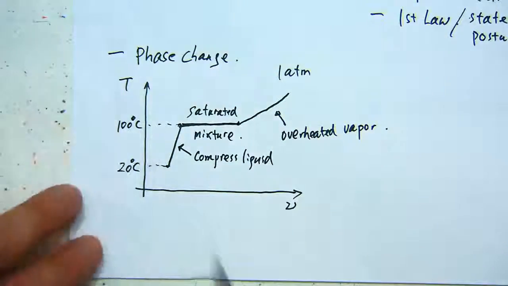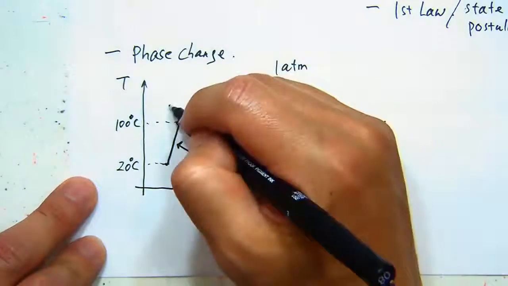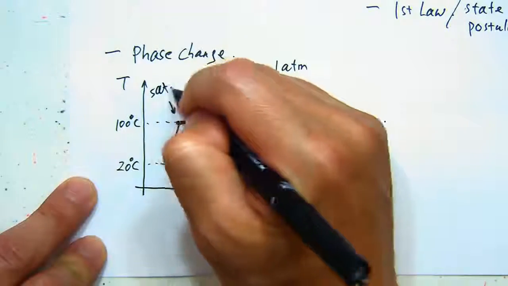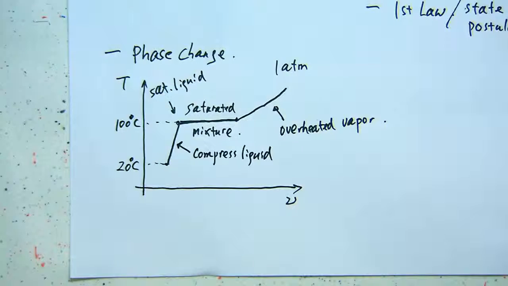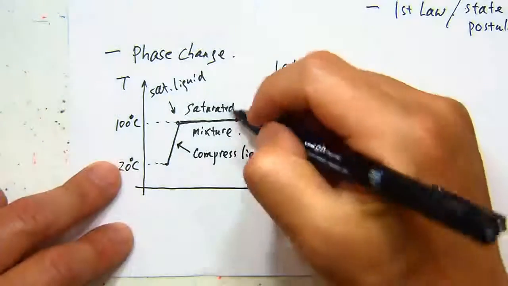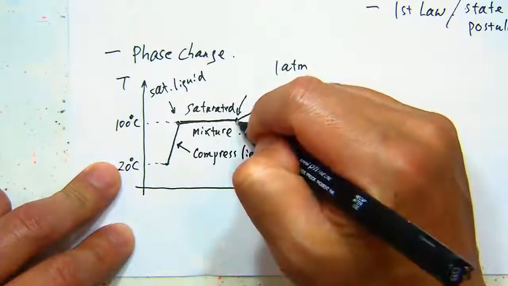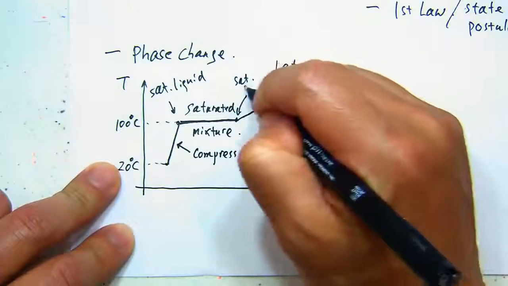And in particular, at this point, it's called the saturated liquid, where the liquid is just about to boil, reaching the boiling point but not yet boiled. And this point is a saturated vapor.